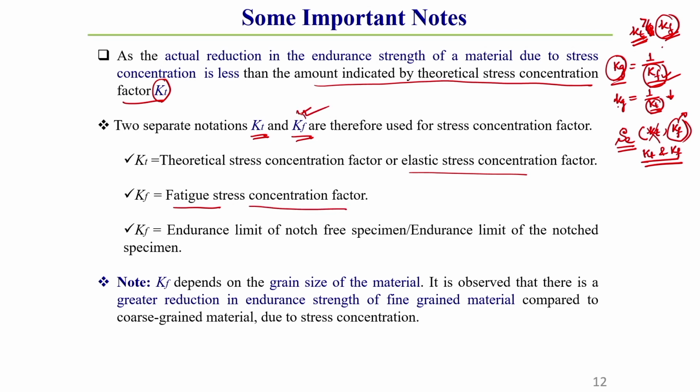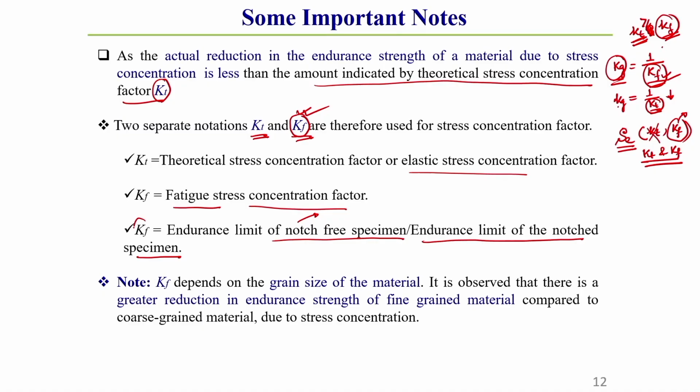Now, what is Kf? Kf is defined as the endurance limit of a notch-free specimen divided by the endurance limit of a notched specimen. I have already told you that the endurance limit of a notch-free specimen will be higher than that of a notched specimen. If a body has a notch, its endurance strength will definitely be less.